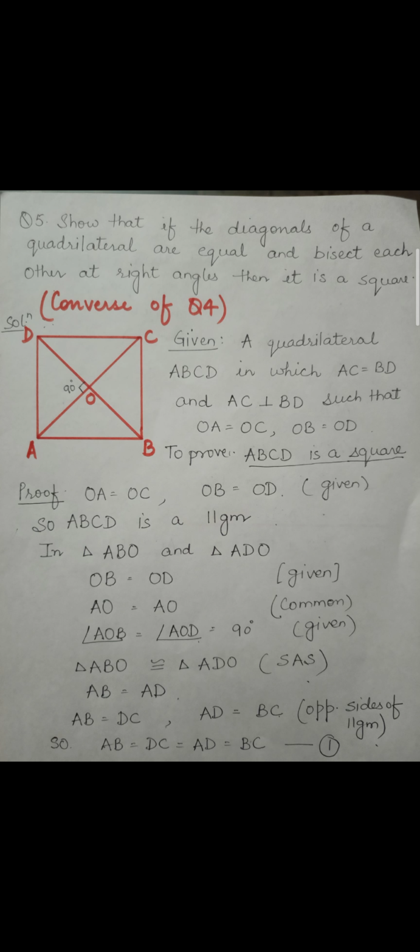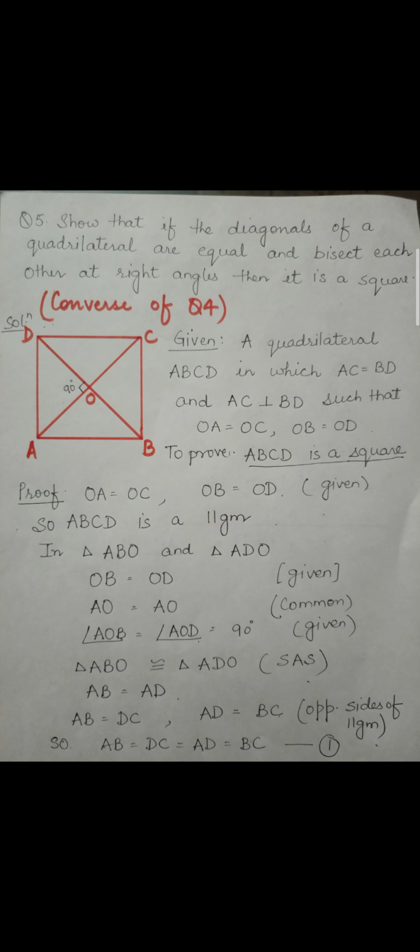AD is equal to BC. This is again opposite sides. So AB equal to AD, AD equal to BC. That means AB, BC, AD are equal. And AB is equal to DC. That means all four sides are equal. So we get all four sides in the parallelogram are equal here.